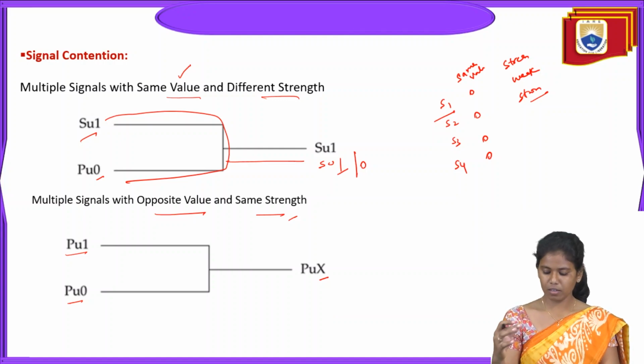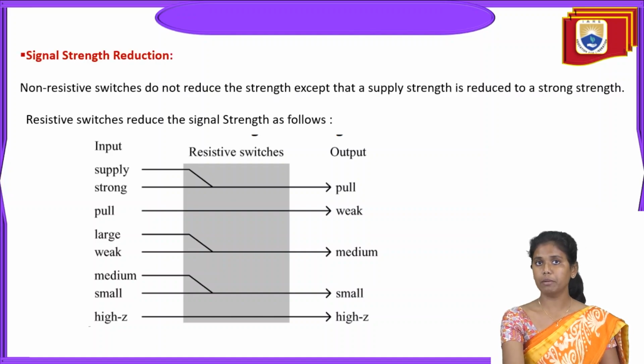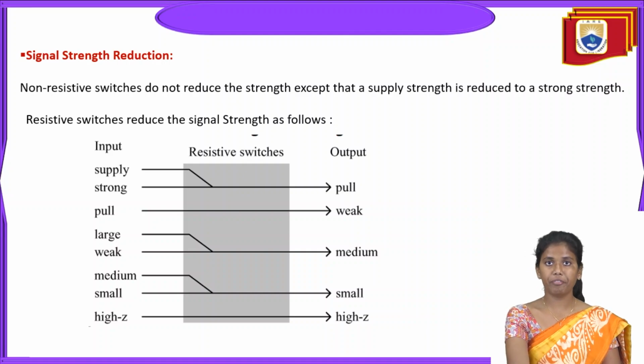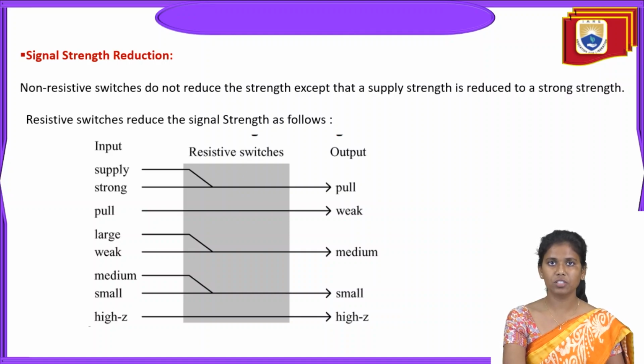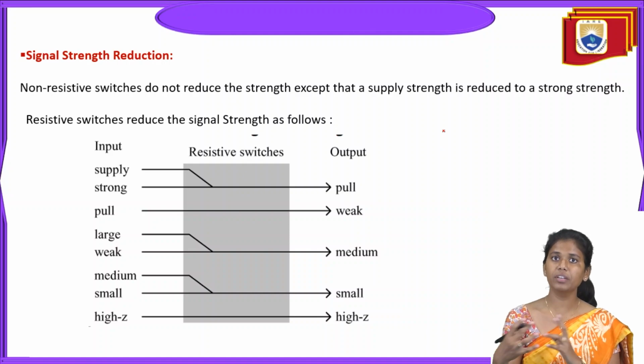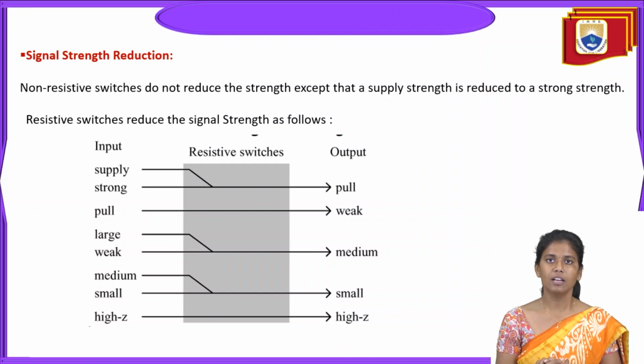In switch level modeling, we come across all such things based on the signals, the strengths, and the different signal values. Now we will see signal strength reduction. Multiple signals originate from different devices, and each signal has its own strength.